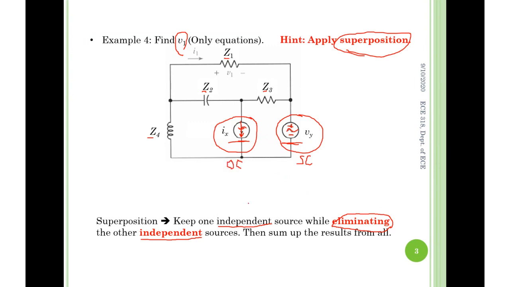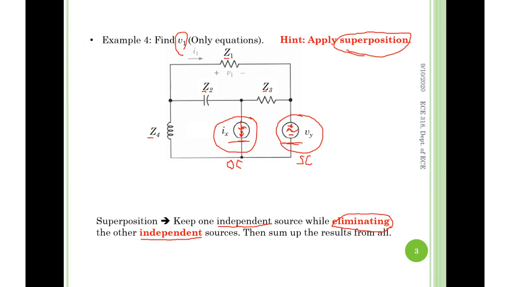By the way, why do we short the independent voltage sources and open the independent current sources? What is the reason behind it? So you take each source down to zero, basically. Yes, Connor is right.